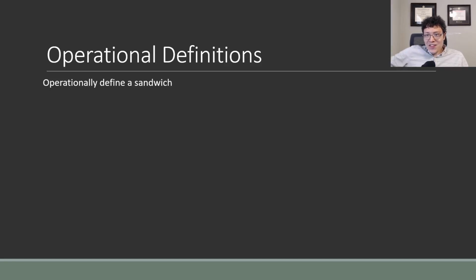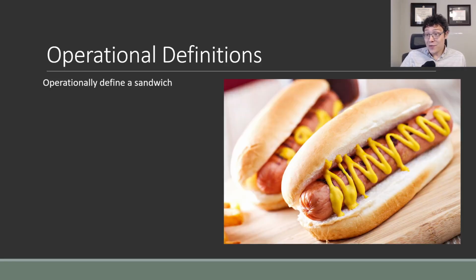So we think this is all easy, but if I asked you to operationally define a sandwich, you might say something like, well, it is a piece of bread with something in between it. Well, that just means I could give you 3 pieces of bread and that's a sandwich. I don't think that's a very good one. And if you said it's 2 pieces of bread with something in between it, is a hot dog a sandwich?